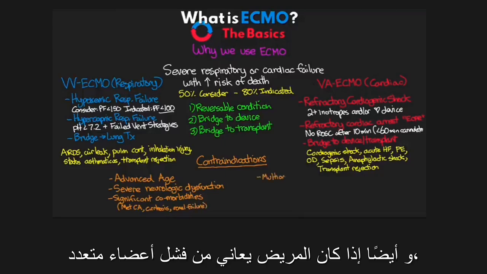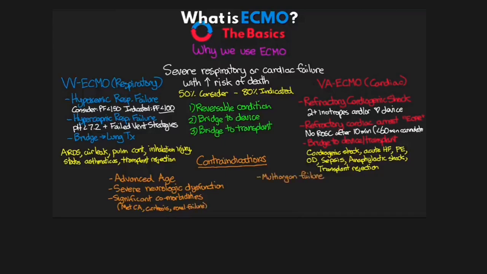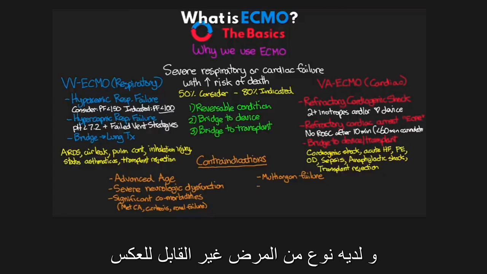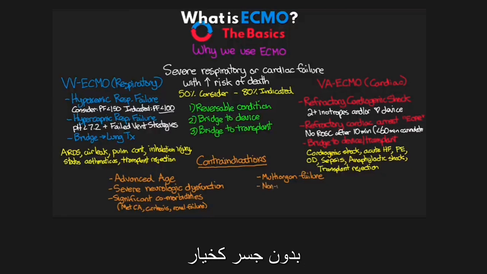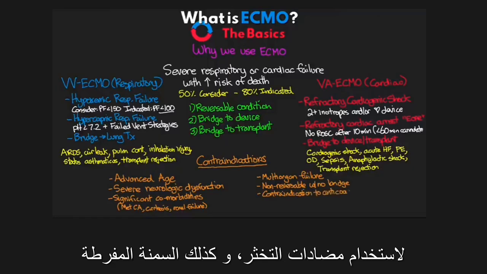Also, if the patient is in multi-organ failure, has some sort of non-reversible illness without a bridge as an option for them, if they have a contraindication to anticoagulation, as well as morbid obesity.